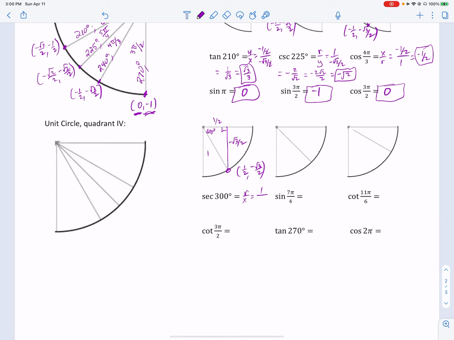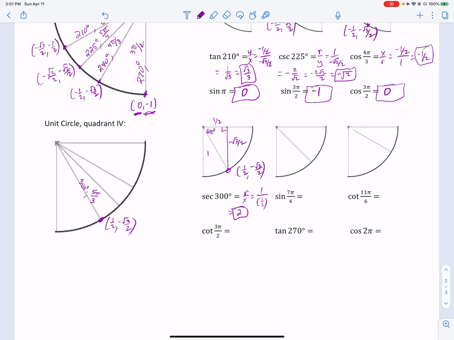It is 1 over 1/2, which is 2. So right here we have 300 degrees, which is 5 pi, oops, not over 6, 5 pi thirds, 5 pi thirds there. And that point right there is to the right 1/2 and down the long leg amount of negative root 3 over 2.